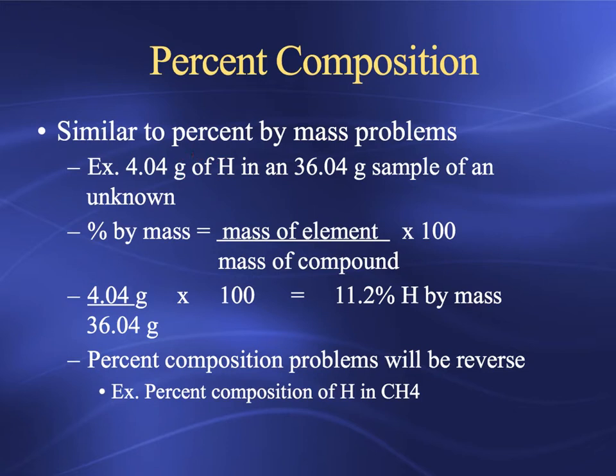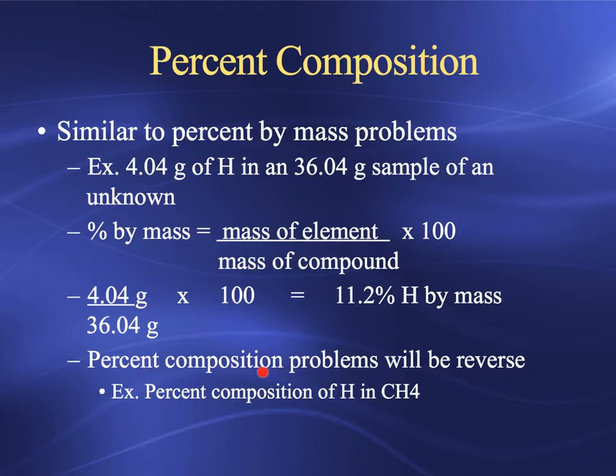What is the percent by mass of hydrogen? Well, that formula was the percent by mass is equal to the mass of the element divided by the mass of the compound times 100. So we would just plug in the numbers here of 4.04, the mass of the element hydrogen, divided by 36.04 grams, the mass of the compound, times 100. We got 11.2% hydrogen by mass.